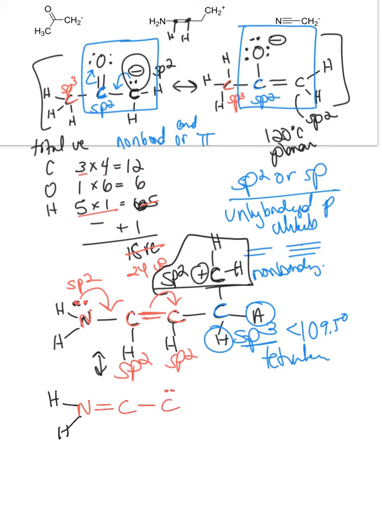Every atom stays bonded the same. So there's your hydrogen. There's your hydrogen on your carbon. There's your hydrogen. Now you have your negative charge. And there's your plus. 1, 2, 3, 4, 5, 6, 7, 8.